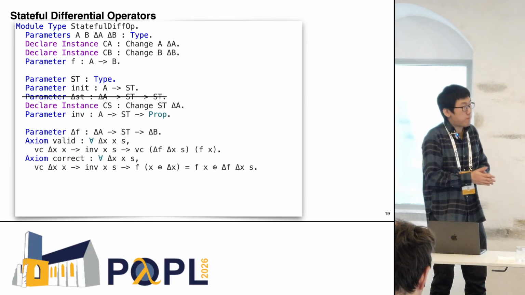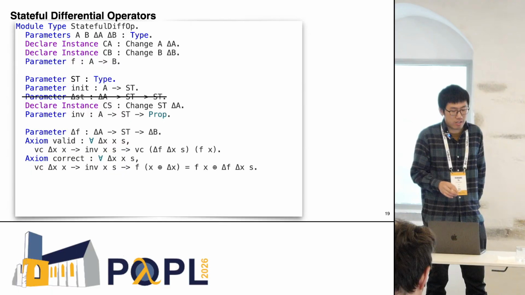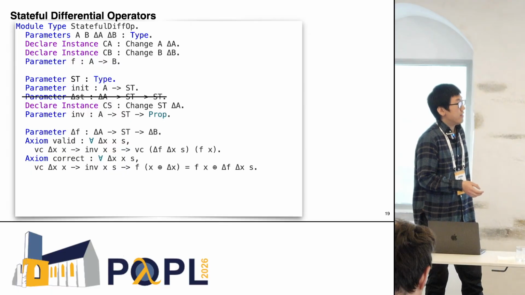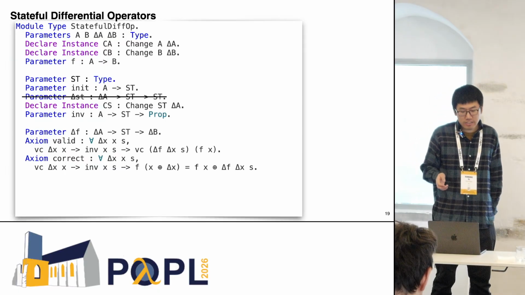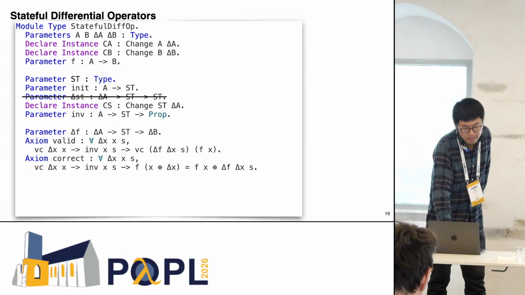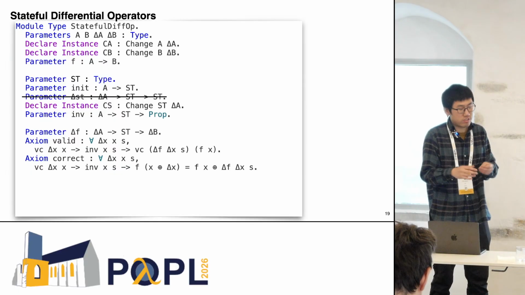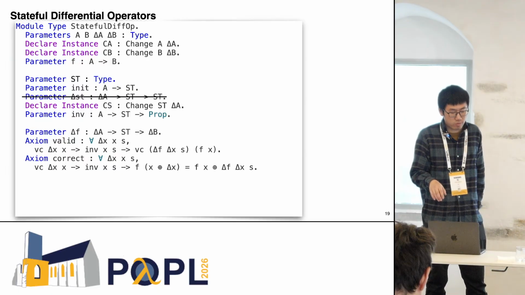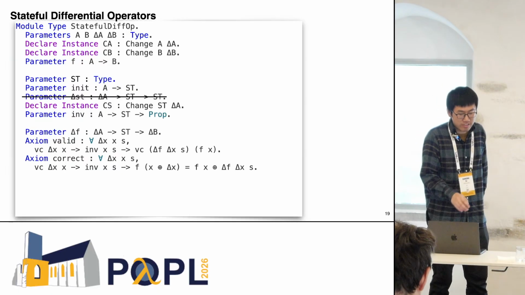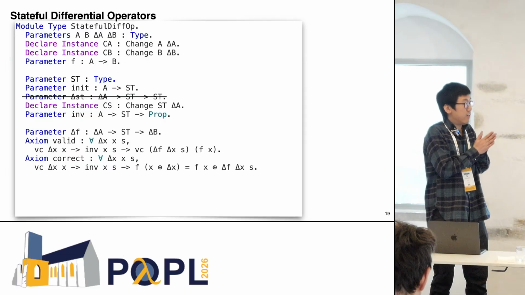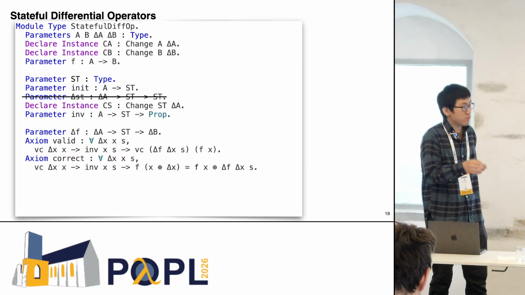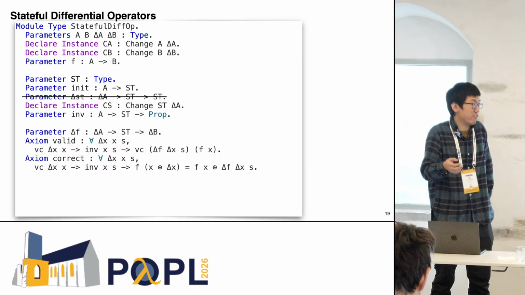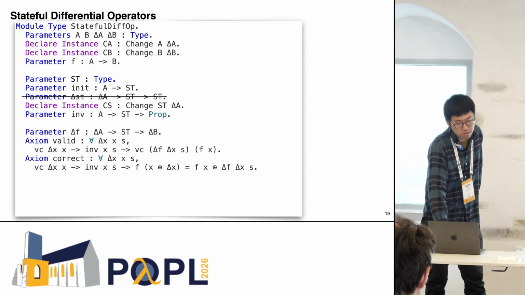And the next part is about the stateful operators and their correctness. Here, the differential operator takes the input change and the state and gets the output. The valid property is the same as the valid for stateless, which I neglected here. And correct means if the input change is valid and the state is correct, then the from scratch consistency still holds.